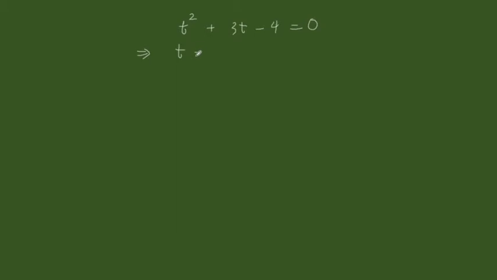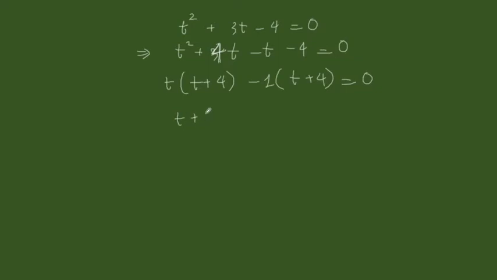From this I can change it to t squared plus 4t minus t minus 4 equal to 0. I take t outside, I have t plus 4, and I take minus 1 outside, I have t plus 4. So I have the common bracket t plus 4, and the other factor is t minus 1. So I have t equal to minus 4, and another solution, t equal to 1.